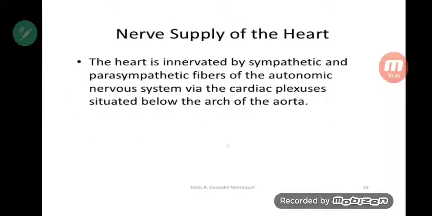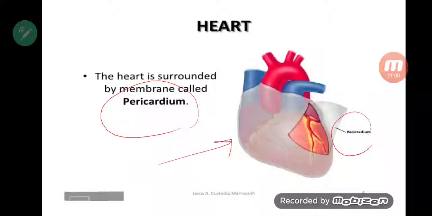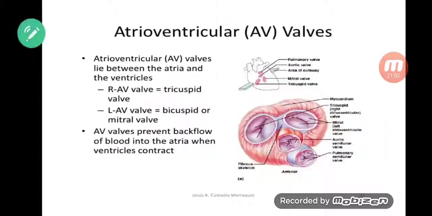Nerve supply: the heart is innervated by the autonomic nervous system. The membrane surrounding the heart is called pericardium.